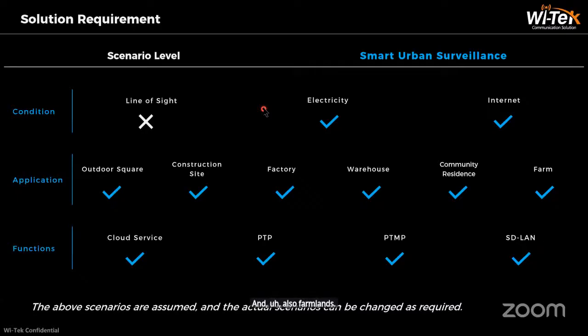As for other functions, we use cloud service, point-to-point, and point-to-multipoint networking, and also our SD-LAN technology for an encrypted tunnel between each site. The above scenarios are assumptions, and the actual scenarios can be changed as required.